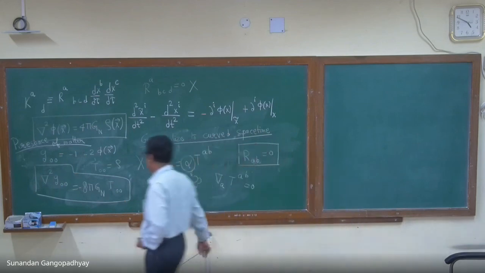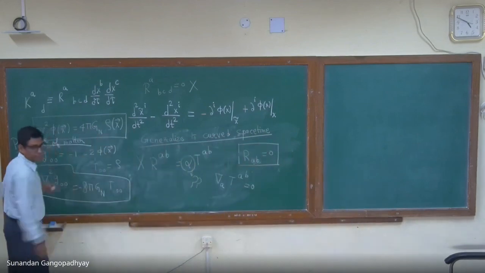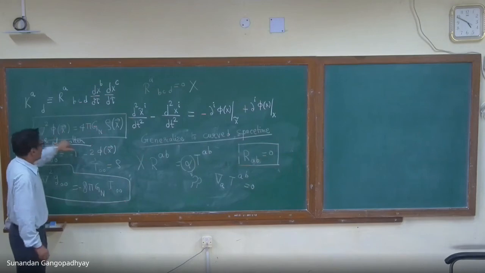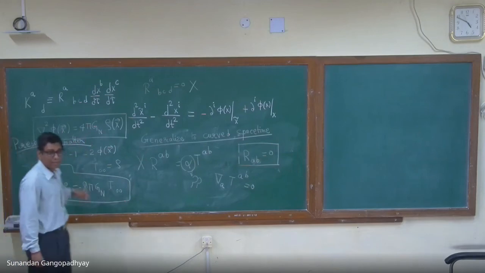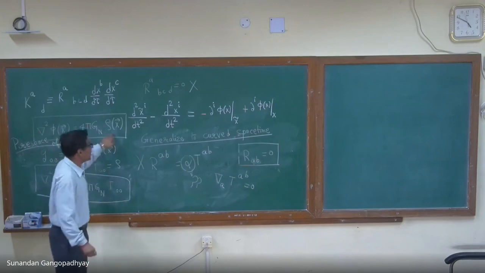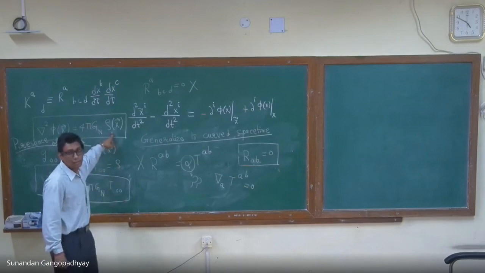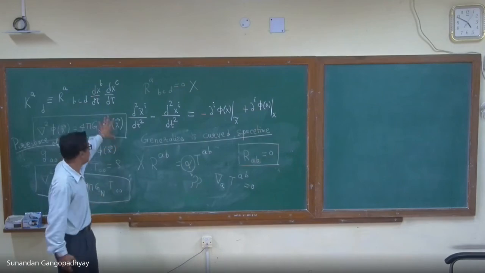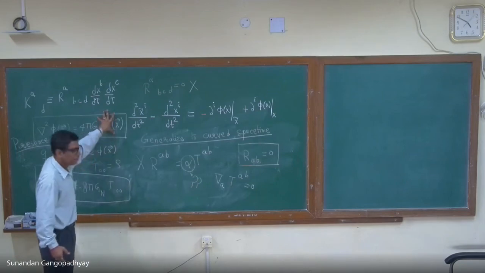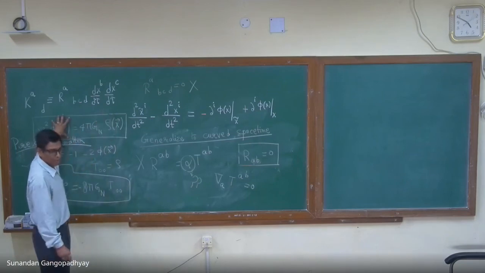Okay, go back to this equation. The left hand side, what is this? This describes the gravitational field. The right hand side describes the source, the matter. Given a matter, what is the gravitational field at a point X?